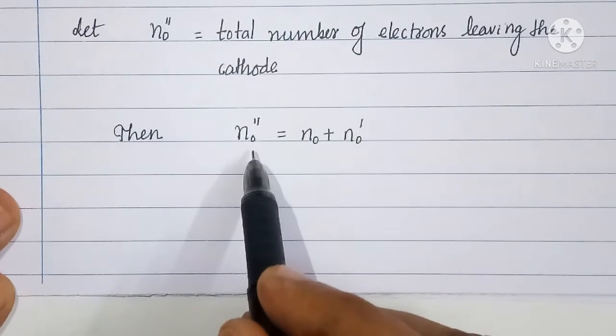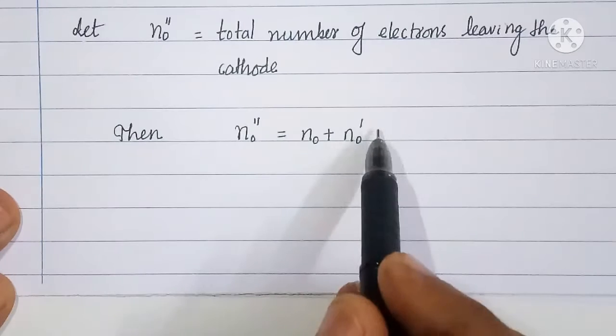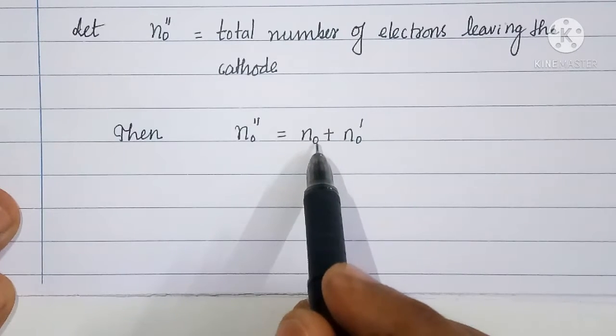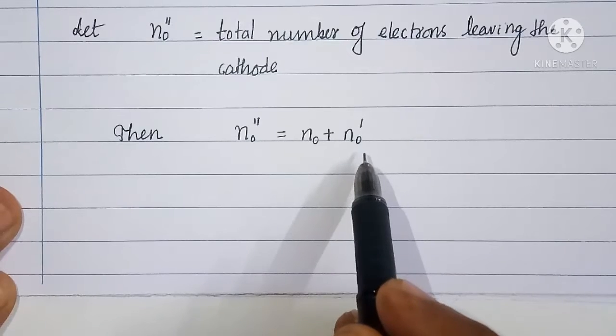Then N0 double dash is equal to N0 plus N0 dash, where N0 is the number of free electrons emitted by the cathode and N0 dash is the number of secondary electrons produced due to secondary processes.